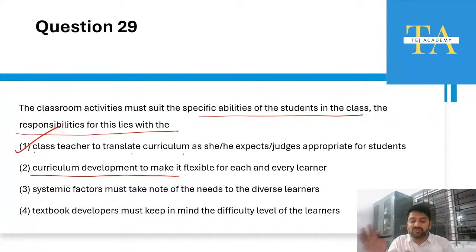What is most suitable for them as per her or his judgment, the curriculum is translated. Curriculum is always flexible, so as per the heterogeneous group of students' requirements, the teacher is going to customize. The first one is correct here.